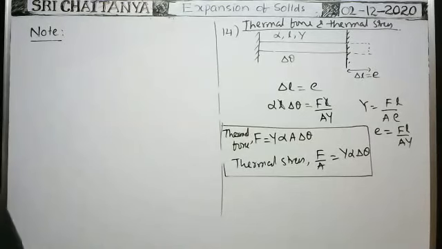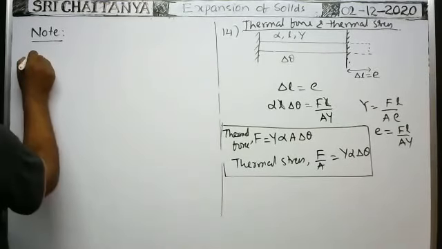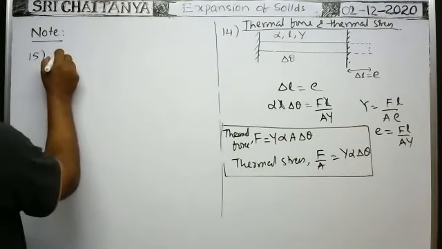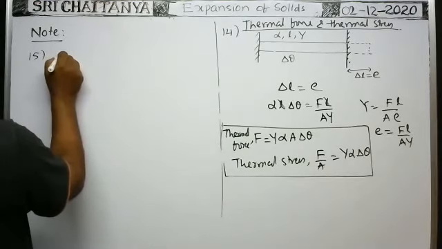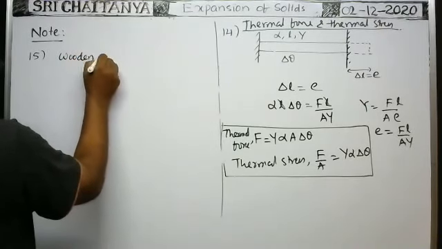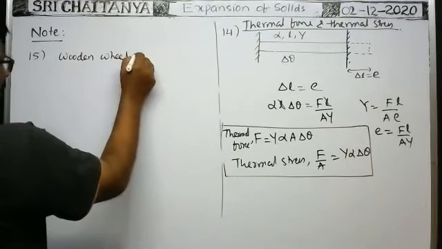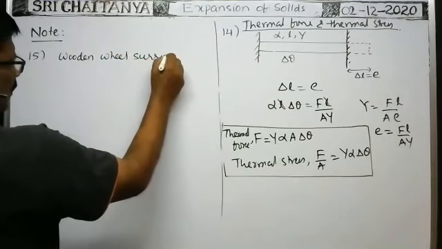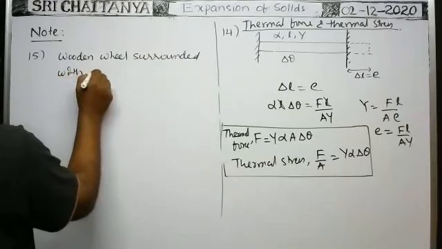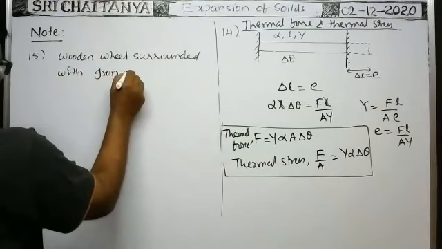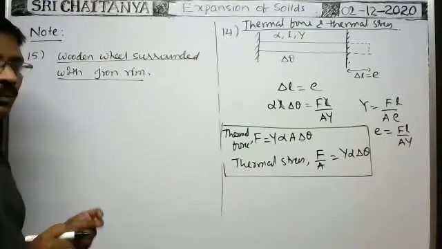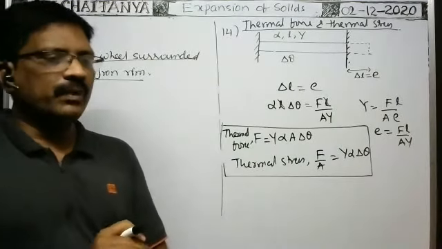Before that, bimetallic, one more simple concept is there. Bullock cart wheel, wooden wheel surrounded with an iron ring. We know a bullock cart has a wooden wheel.